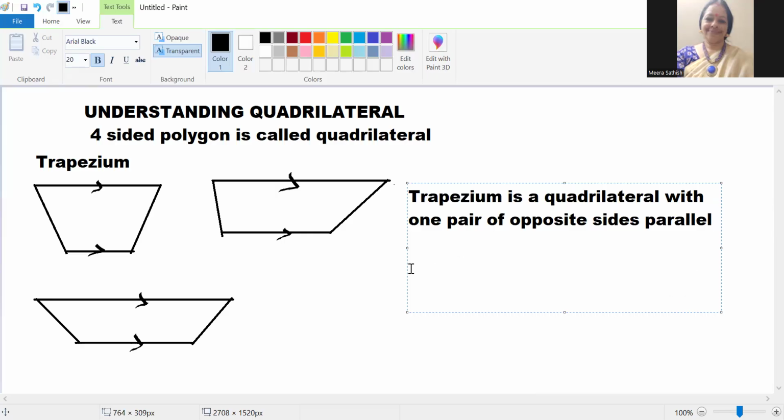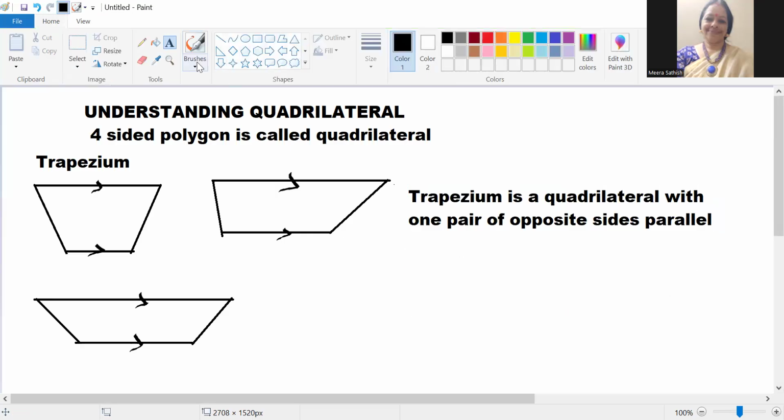Now the non-parallel sides. If I name it A, B, C, D, AB and CD are parallel and AD and BC are non-parallel sides. They can be equal, or cannot be equal.